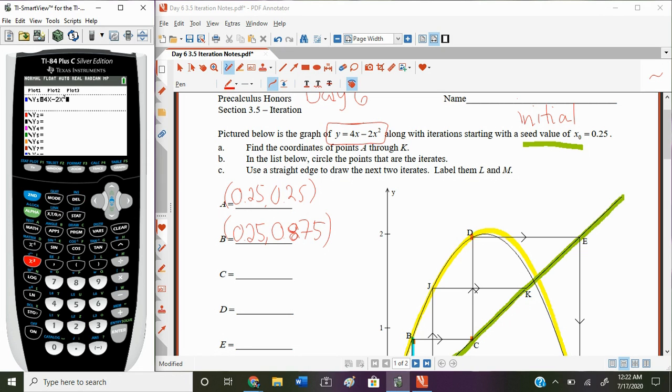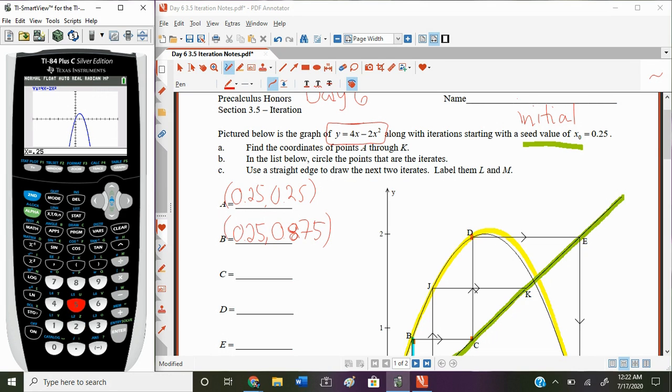I'm going to hit graph. Here's my parabola. Not as zoomed in as the one that we have on our worksheet here, but same idea. We need to figure out what would happen if our x coordinate were 0.25. What would my y coordinate be? So I'm going to hit the trace button, and I'm just going to type in 0.25.